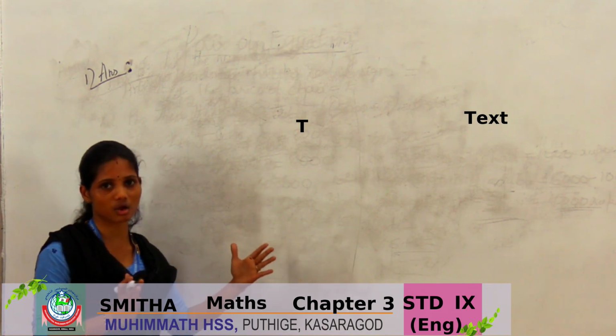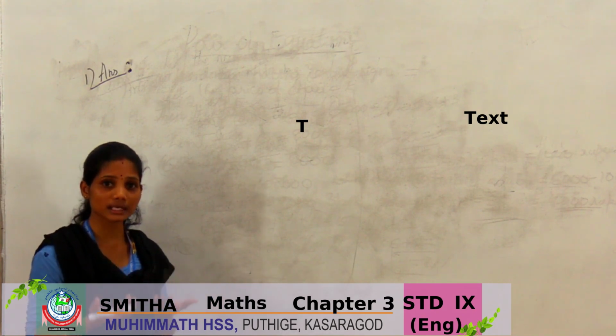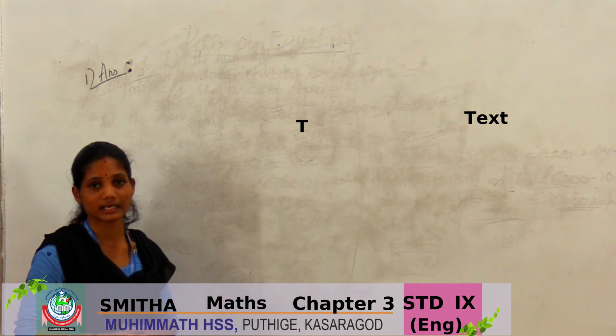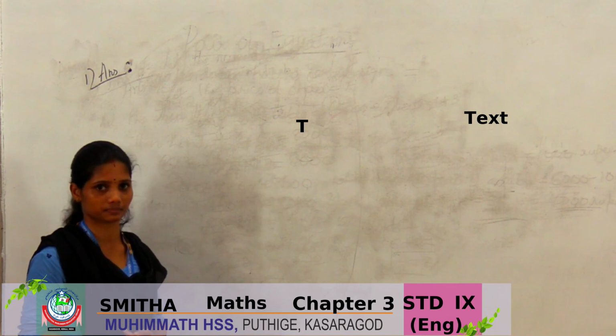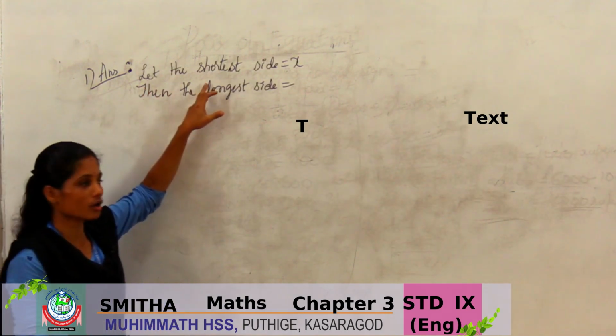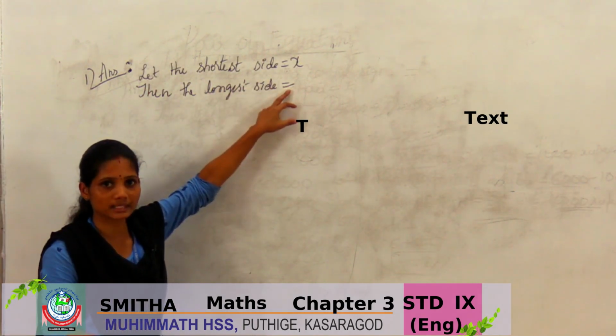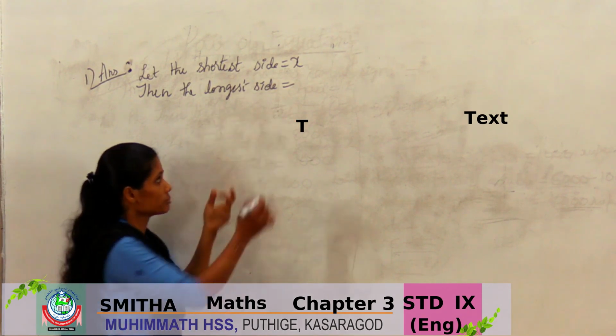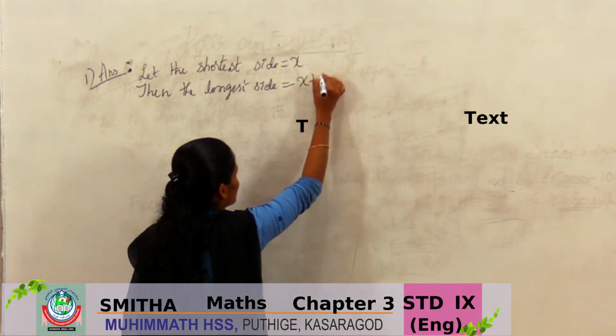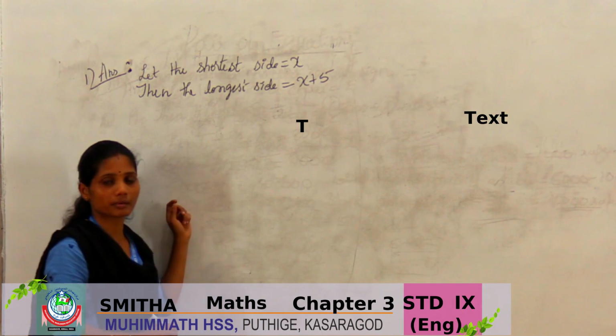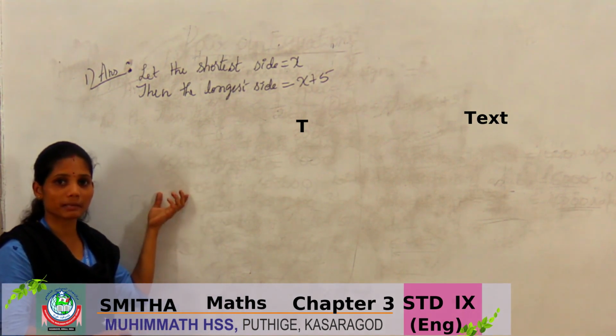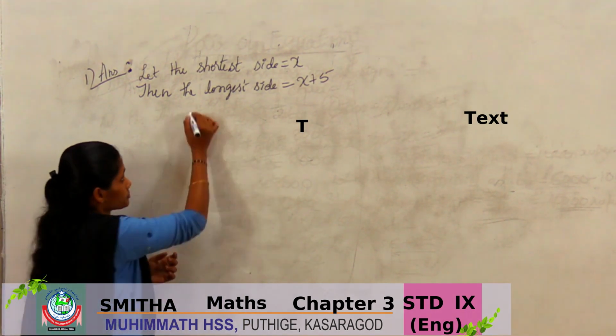5 centimeters longer. Since we don't know the lengths of the sides, let us take them in terms of x. Let the shortest side be x, then the longest side becomes x plus 5, because it is 5 centimeters more. It is given in the question that the perimeter is 1 meter.